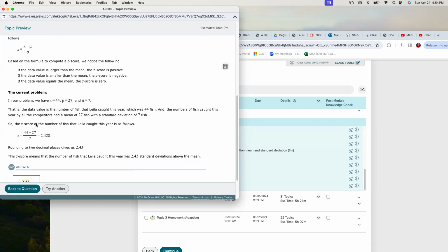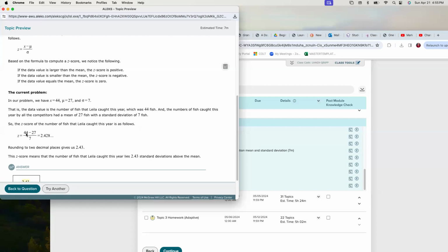Now, just to give you a sense of what the z-score means, it's a way of standardizing, or talking about in terms of how many standard deviations I am away. So if I picked a very convenient number, let's say the standard deviation is 7, and I increase 44 by 7, which would get me to 51, right? So let's say the mean was 51, and therefore I'm 7 away with an observation of 44.